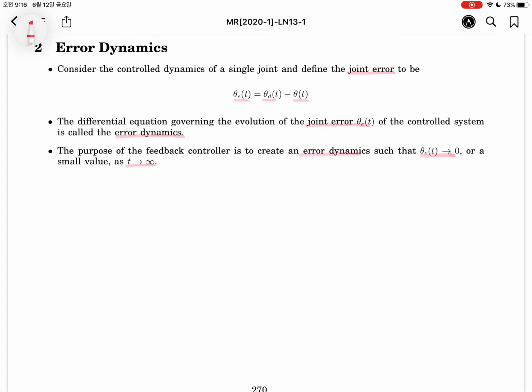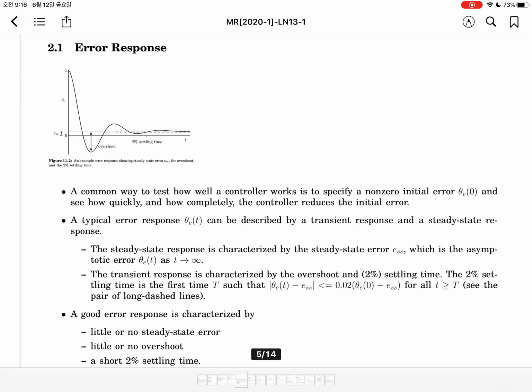This kind of phenomenon is called the asymptotic property. We want to obtain the asymptotic property, asymptotic stability. It means the error should go to zero as time goes to infinity.